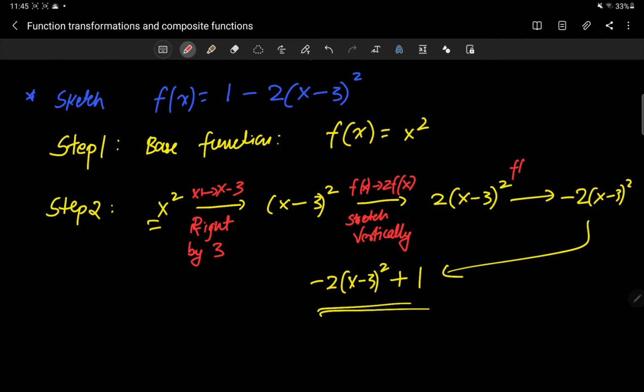The next one is you're taking f and making the output negative, which means you are reflecting on the x-axis. Whatever's positive becomes negative, whatever's negative becomes positive. And lastly, you're taking f of x and adding 1 to the output, which means you're moving it up by 1.